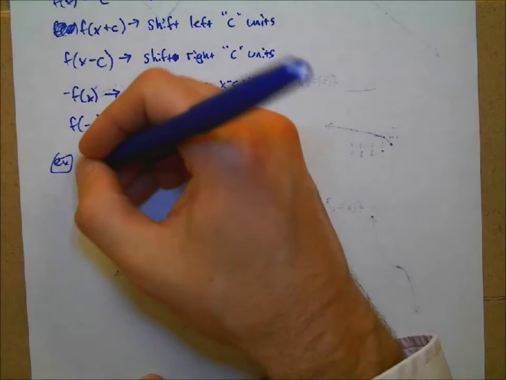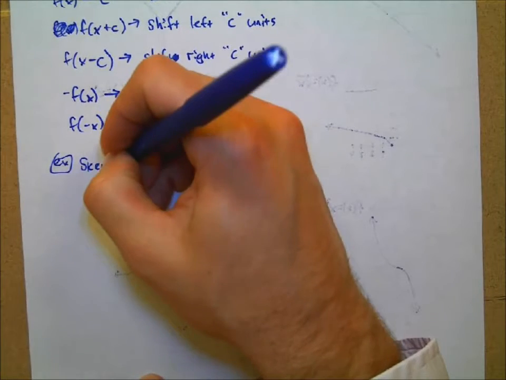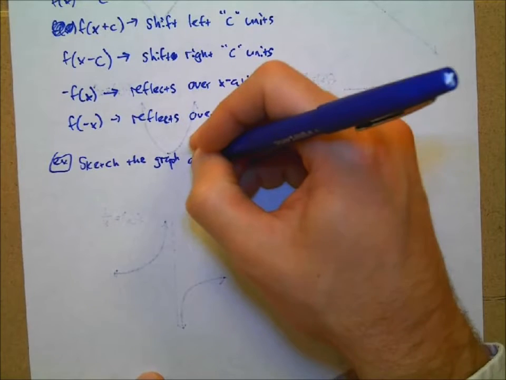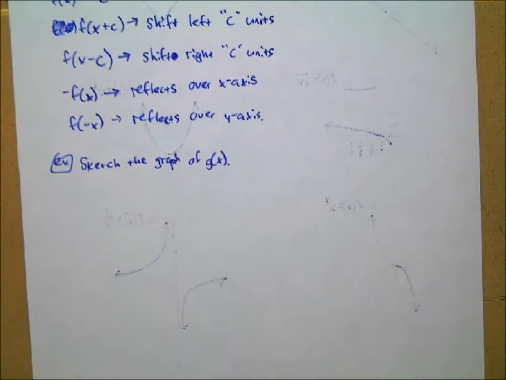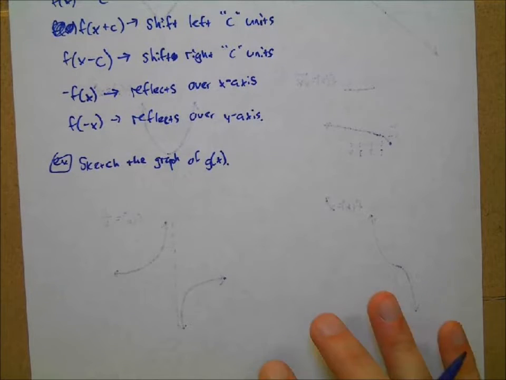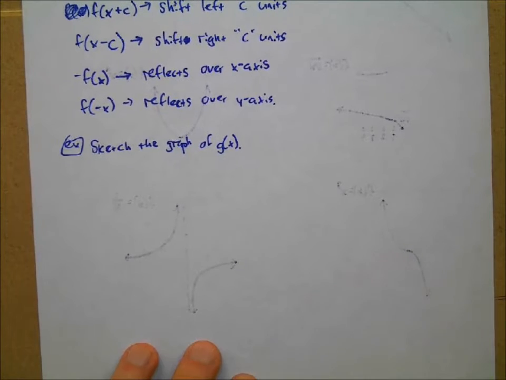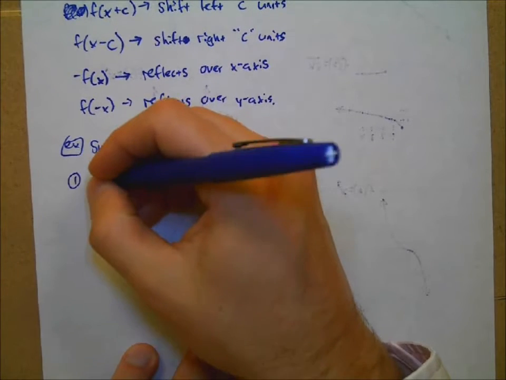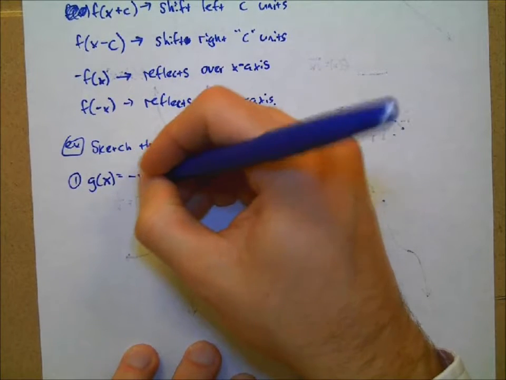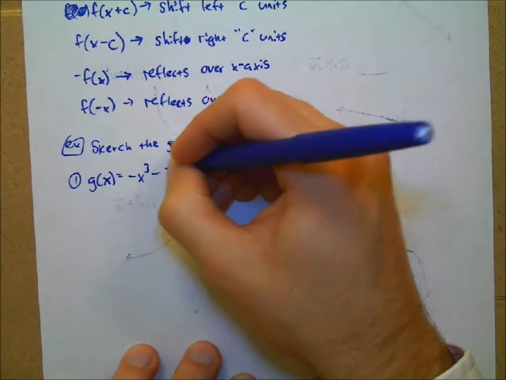All right, directions: sketch the graph of g of x. Let's say our first g of x is negative x cubed minus 5.